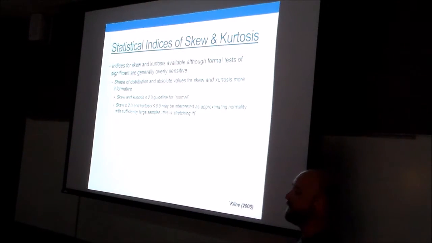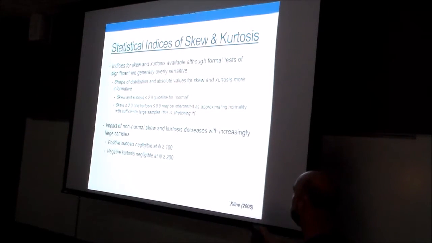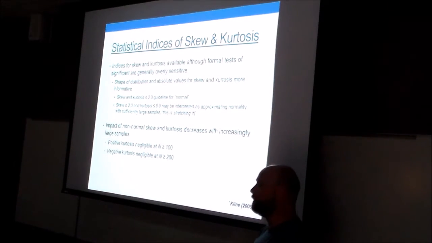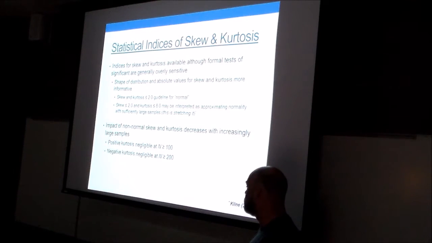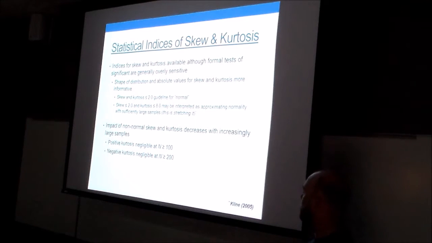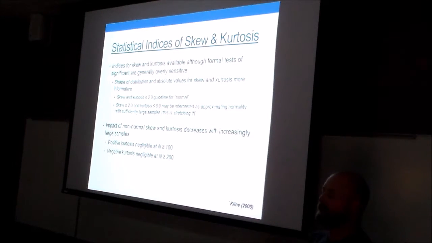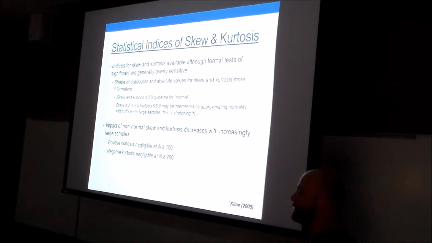But this is kind of pushing things a little bit, right? What we find is that as our samples get larger and larger, the impact of skew and kurtosis starts to decrease. So positive kurtosis is negligible, within reason, at samples of over 100. Negative kurtosis is negligible at samples over 200, right?